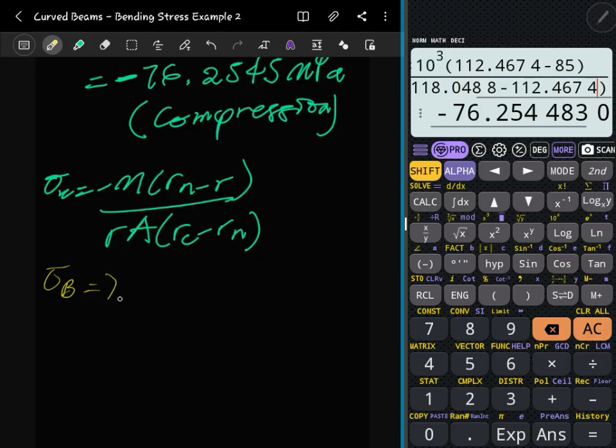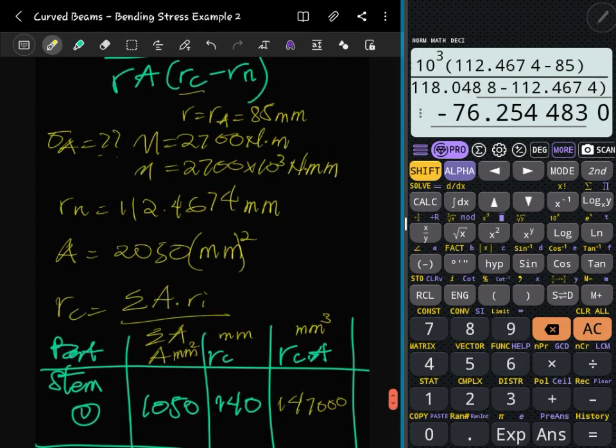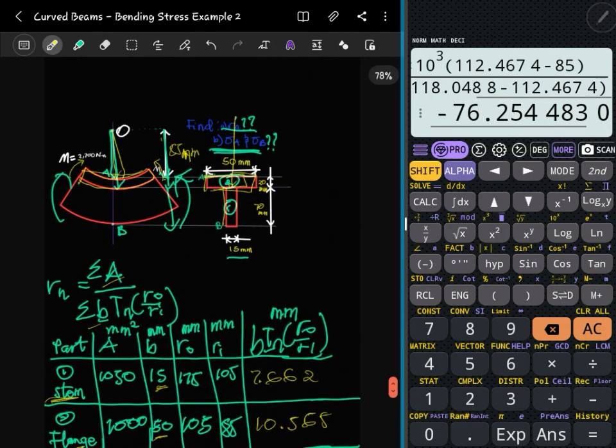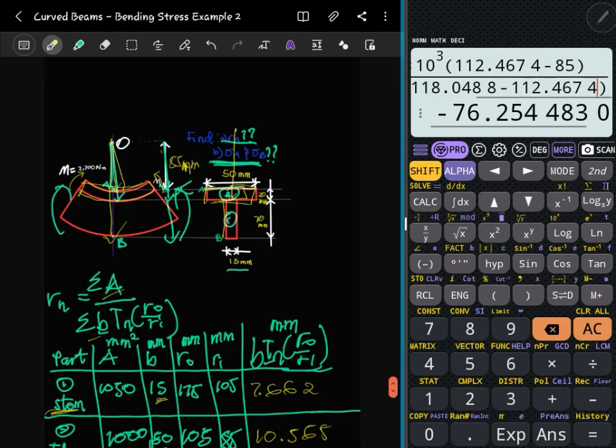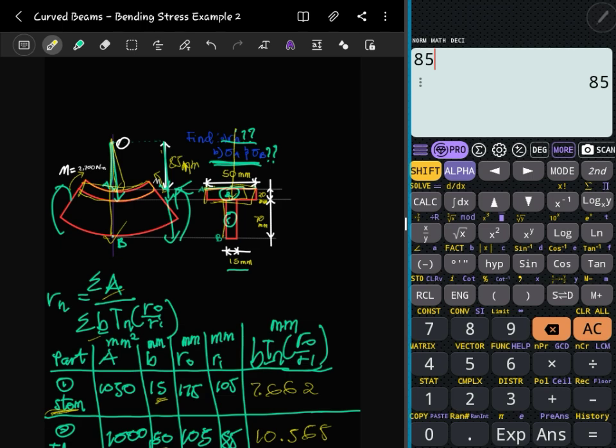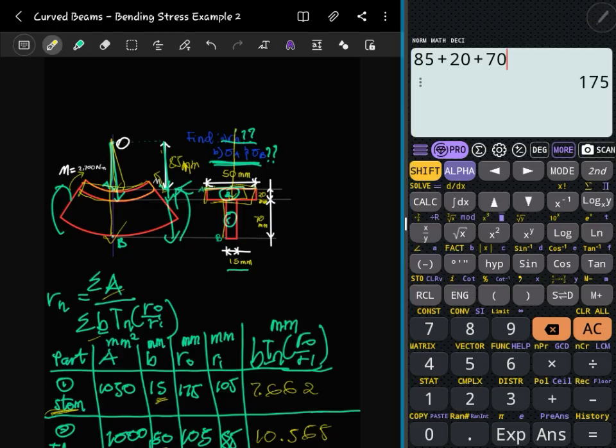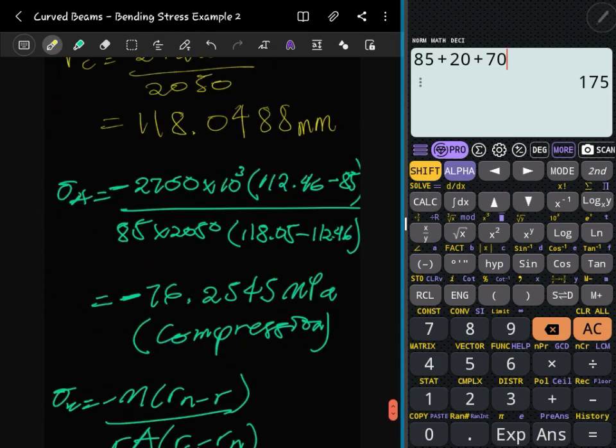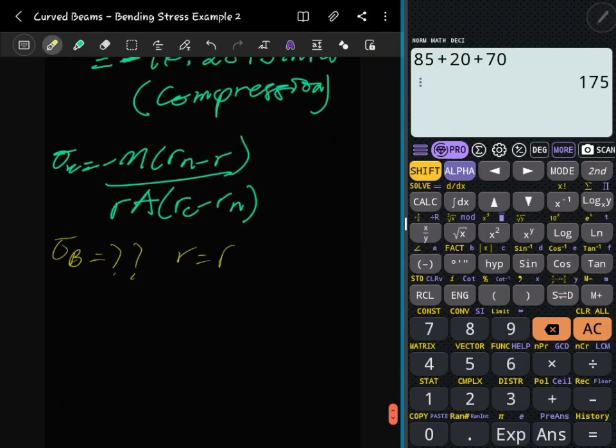The only thing that's changing is the R. At B, we have this R from here to here, so we're adding everything up: 85 plus 20 plus 20 plus 70, which gives us 175. So our R, which is the same as RB, is 175 mm.